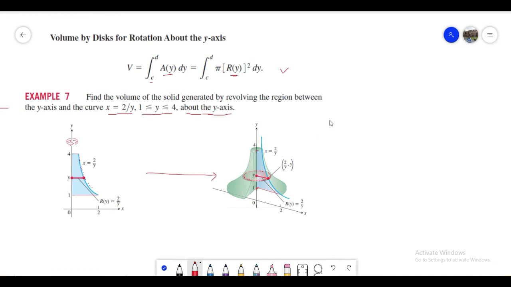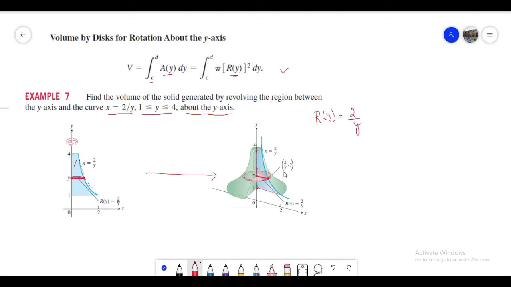Now we have to find the cross section area. The cross section area is basically this r of y, from here to here, because this is moving all along the y-axis. So the cross section radius r of y is 2 by y, from here to here.